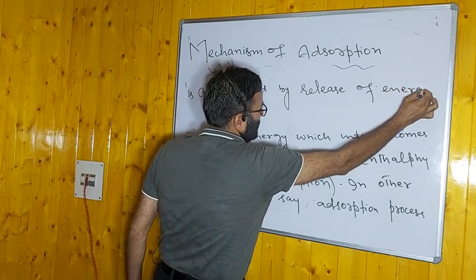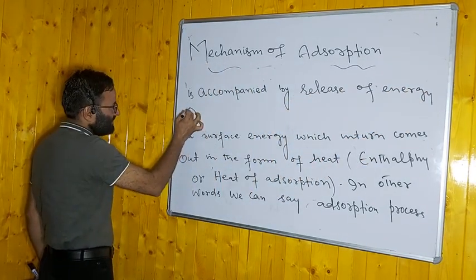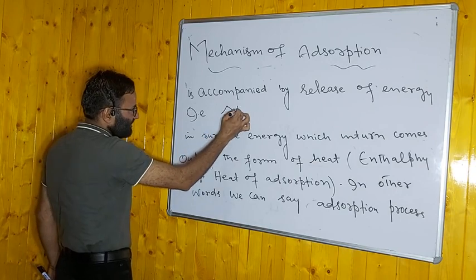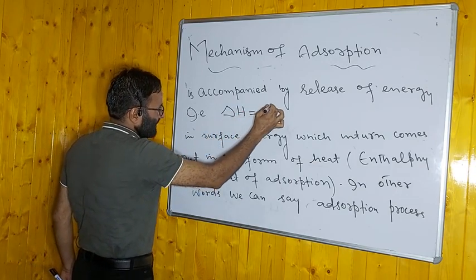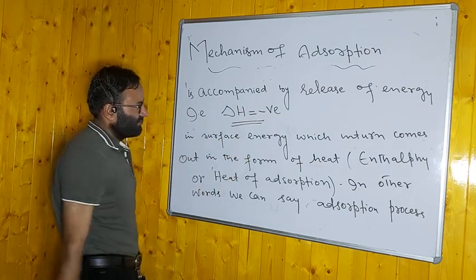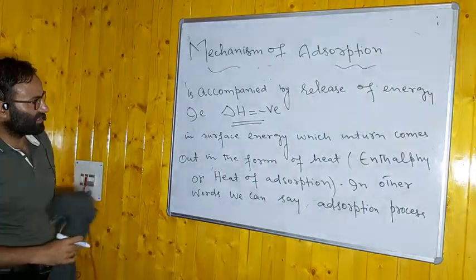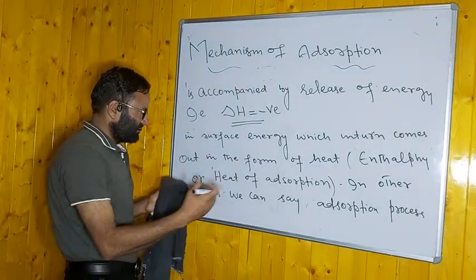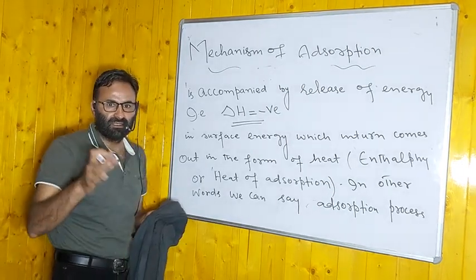You have to mention it. What is meant by release of energy? Delta H is negative. This is the first point you have to mention. During the adsorption process, enthalpy delta H, heat comes out, hence it is negative.